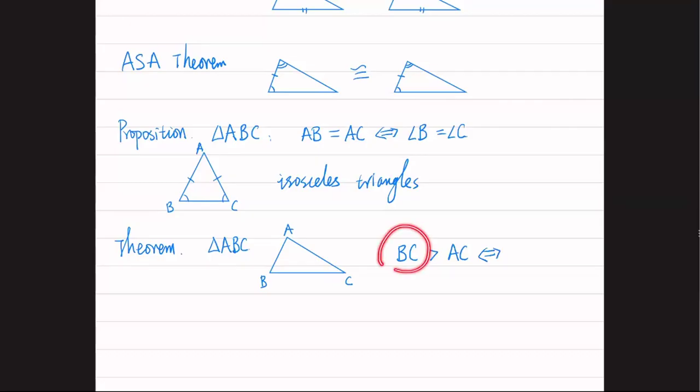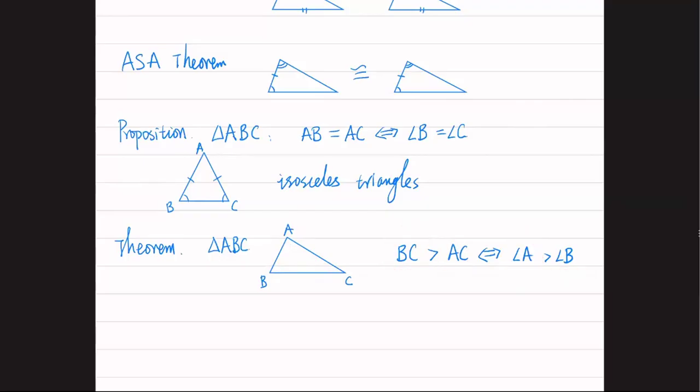Edge BC, the opposite angle is angle A. Edge AC, the opposite angle is angle B. So longer side, larger angles. Shorter side, smaller angles.